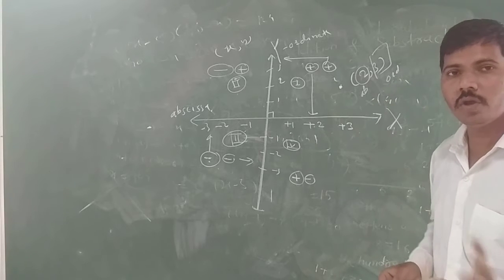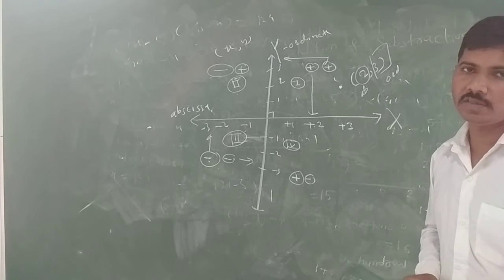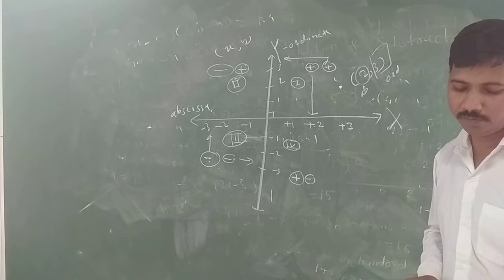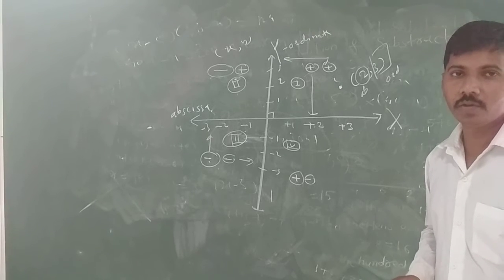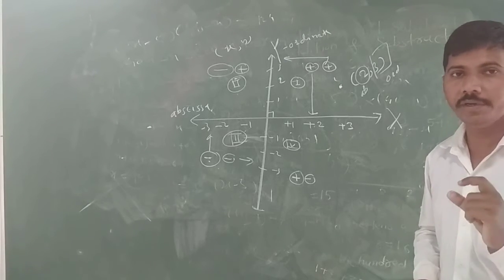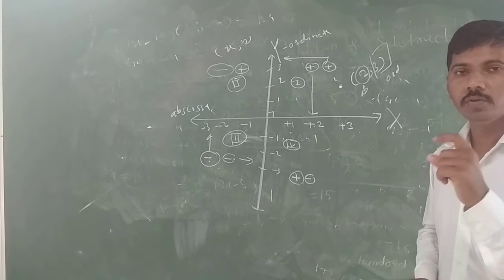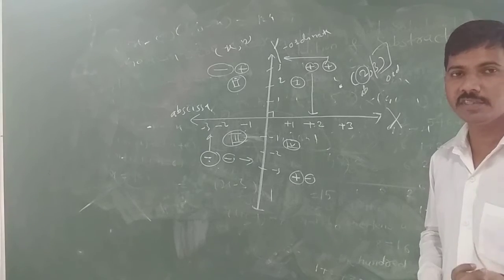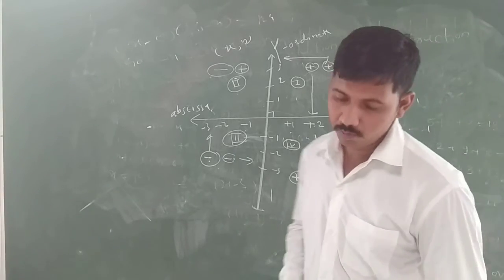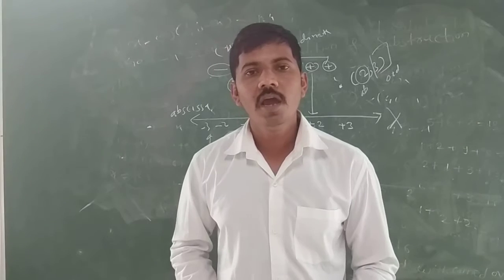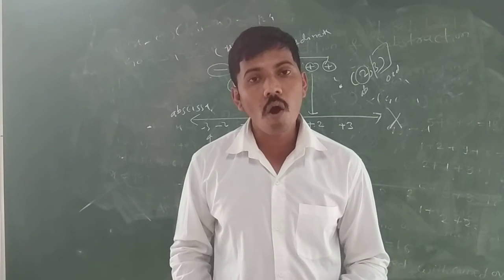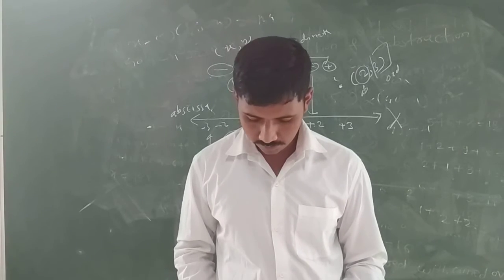So you must know these words, what is meant by abscissa and what is meant by ordinate. Ordinate, not coordinate, only ordinate. In coordinate, remove the 'co' and you get the ordinate. So abscissa and ordinate are the right words. For the x coordinate, abscissa; for the y coordinate, ordinate.